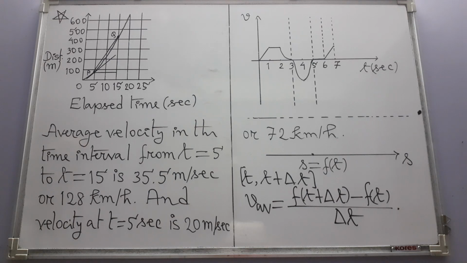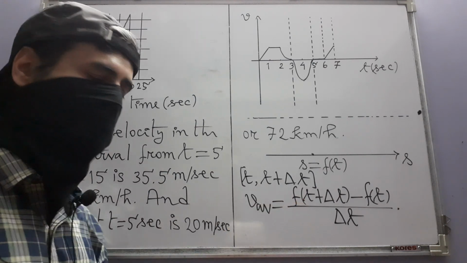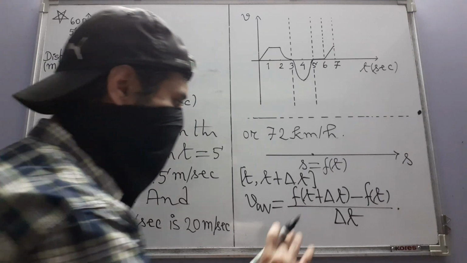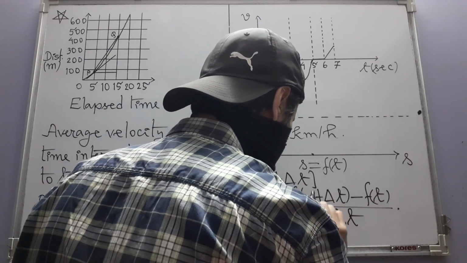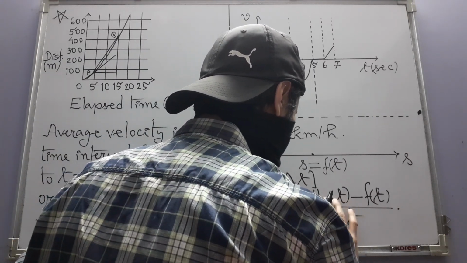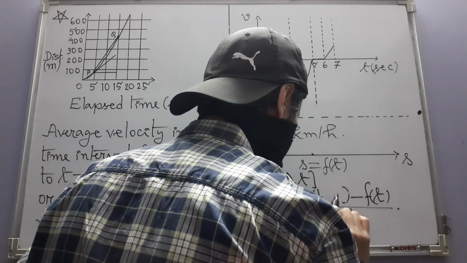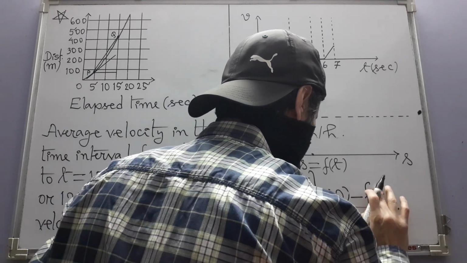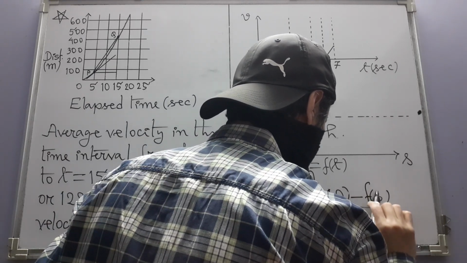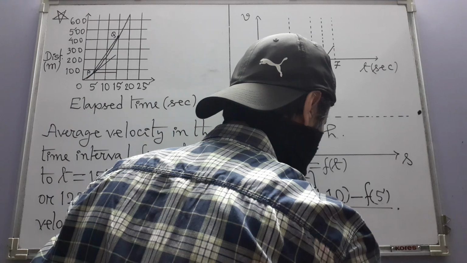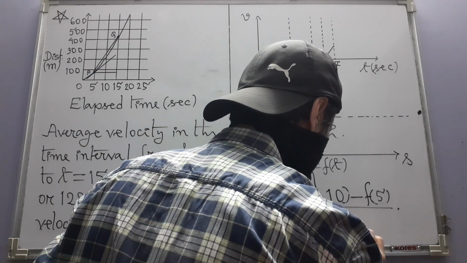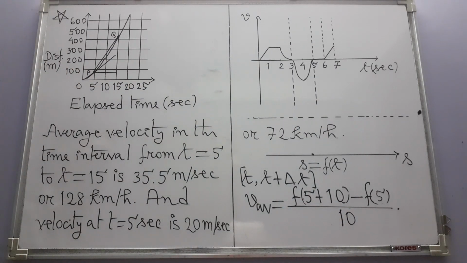Okay. So in our example, t is 5. Delta t is 10. So this is what we have.